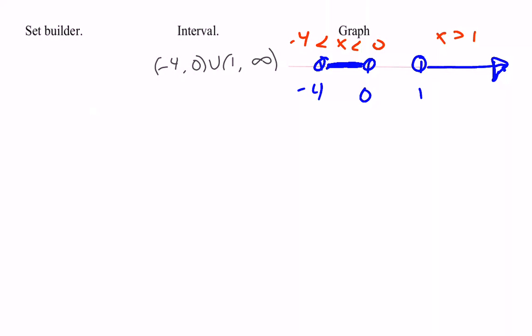So your inequalities should be going in the same direction. They should either be both less thans or both greater thans. So put your endpoints and then decide if you need the equal to part. Since they're open, I don't. So my set builder notation would be negative 4 is less than x is less than 0, or x is greater than 1. That's a great bracket.